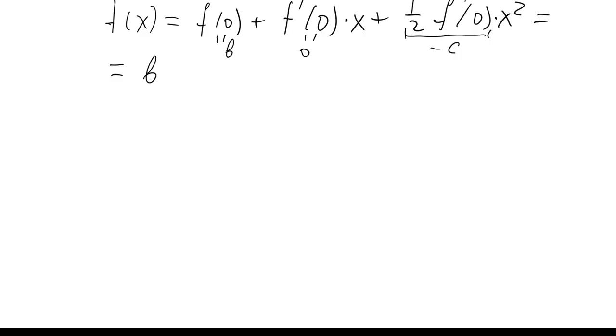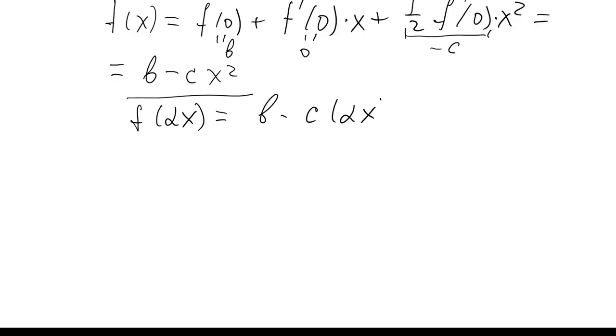So we will have b minus c x squared. So this is our f of x. Now, if f of x can be represented like this, f of alpha x will be b minus c times alpha x squared, or b minus c alpha squared x squared.